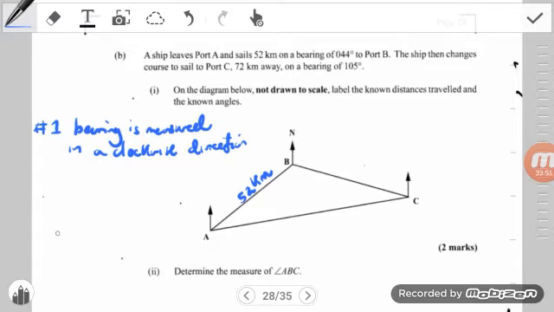So let's say I have a point and I'm going to call it A, and I draw my north line here, and I'm heading towards another location, but they're giving me the bearing.